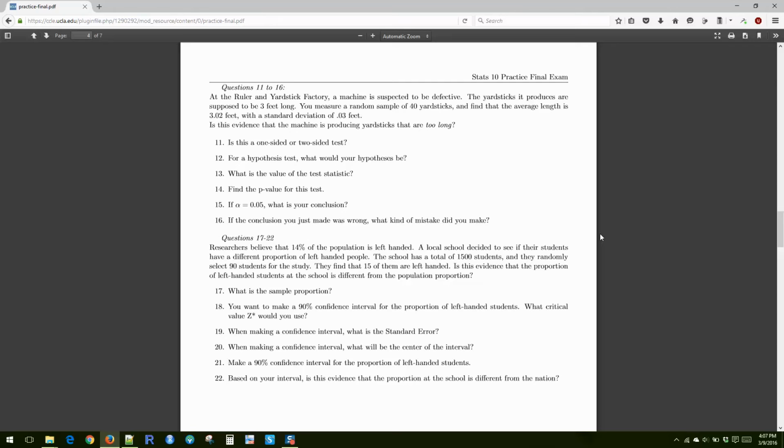I will post the answers to the computational questions probably tomorrow or Friday. Tomorrow in section, I've told the TAs to work through some of these problems on the practice final. I recommend you do that as well as you try to study.